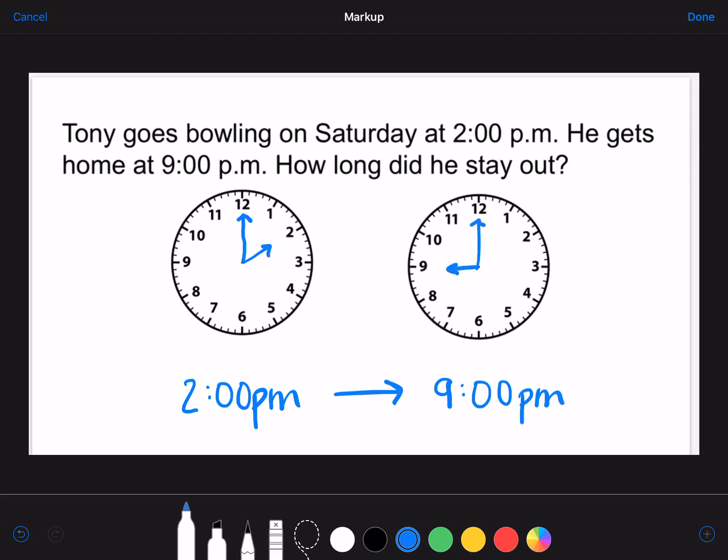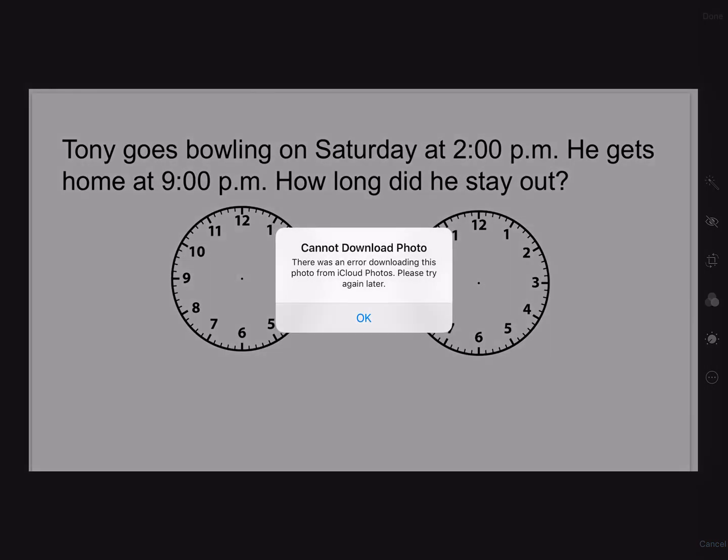The o'clock is facing up. In this case, the minutes haven't changed, just the hours have changed. So if I look at this, 2 to 3 would be 1 hour, 2, 3, 4, 5, 6, 7. So 7 hours have gone by to get from 2 p.m. to 9 p.m.